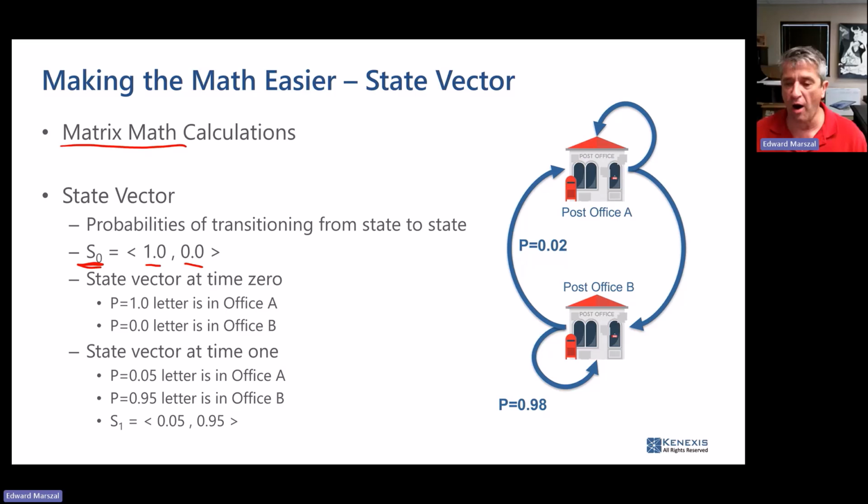At time 1 day after I drop the letter in the post office, the state vector changes to 0.05, 0.95, because there's a 5% chance that the letter is in office A and a 95% chance that the letter is in office B. These numbers are going to continue to change with every time increment, every status change.